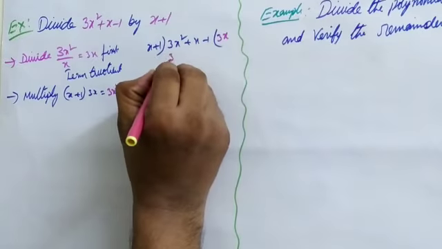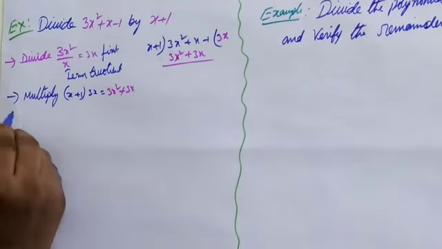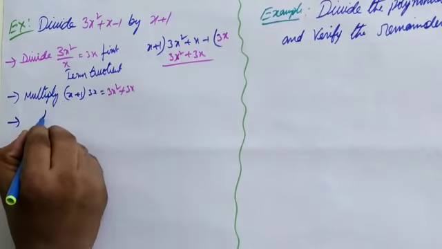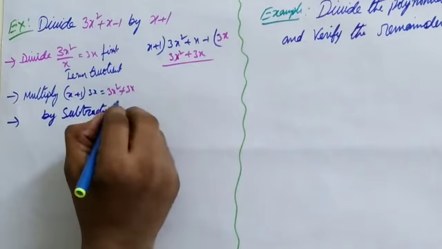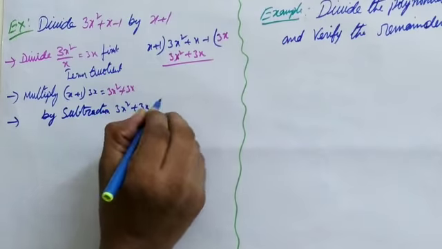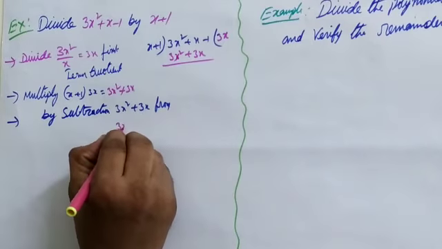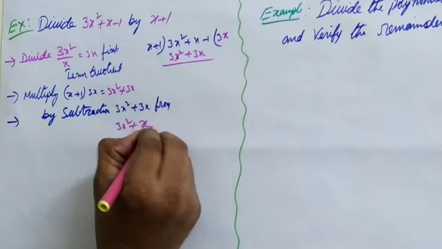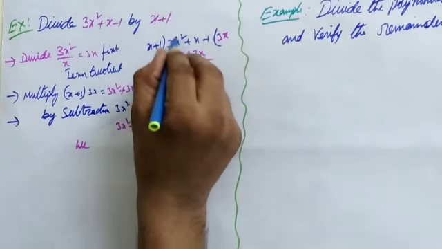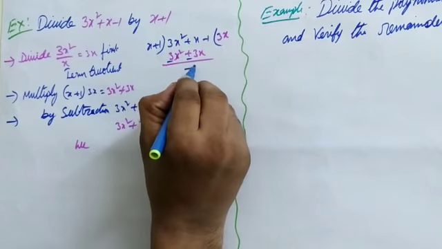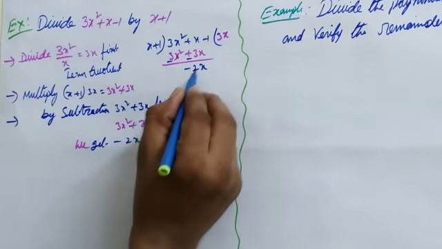Next step is subtraction: subtract 3x square plus 3x from 3x square plus x minus 1. The minus 1 stays, and x minus 3x gives minus 2x. So we get minus 2x minus 1.